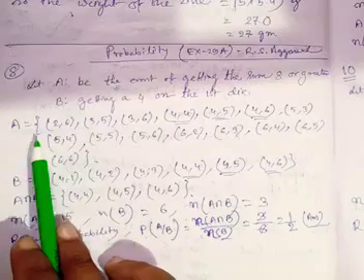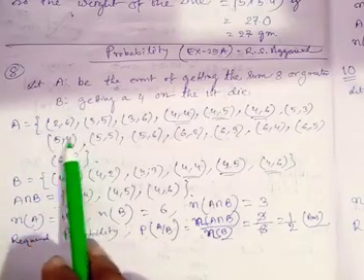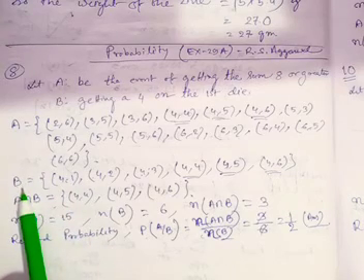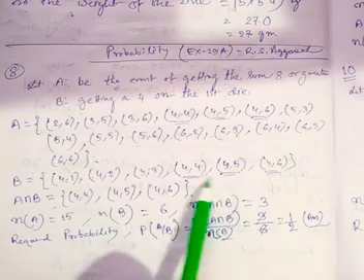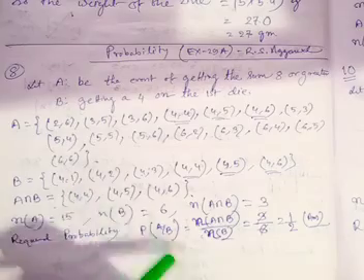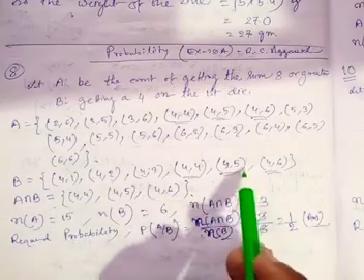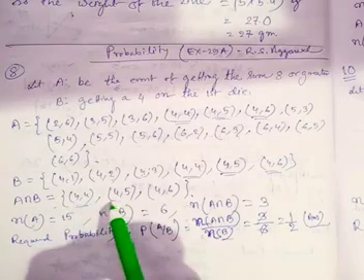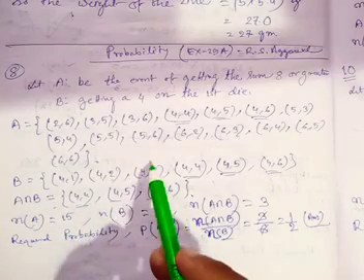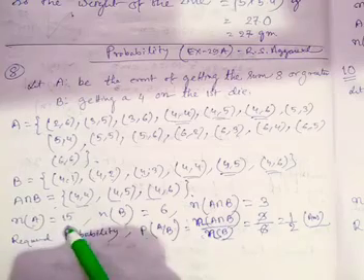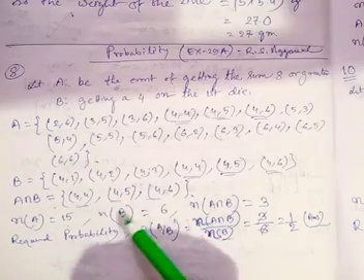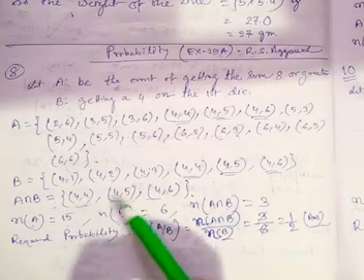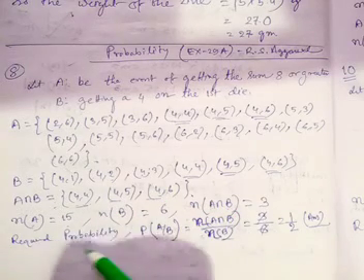So the sample space of A looks like this, 8 or more, understood, and the sample space of B looks like this, that is 4 appears on the first die. So A intersection B is equal to 44, 45 and 46 from these two sample spaces. Now n of A is equal to 15, from here we are getting 15, n of B is equal to 6 from here, and n of A intersection B is equal to how much? 3, 1 2 3.